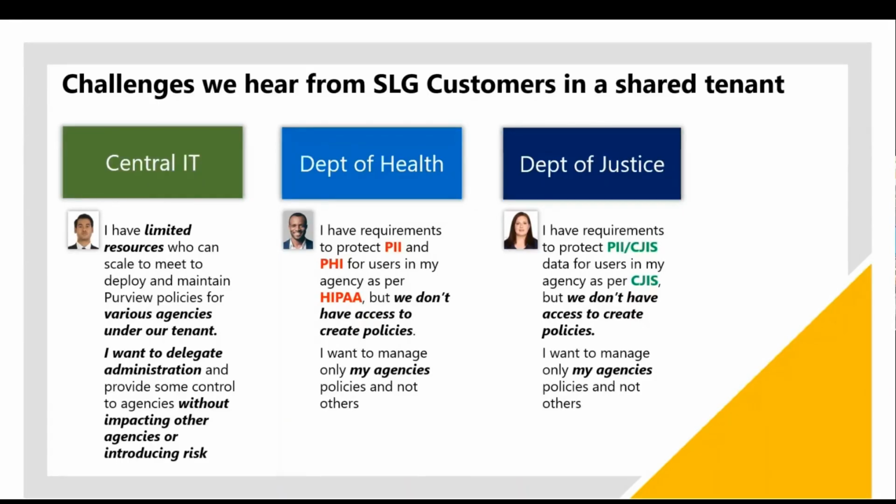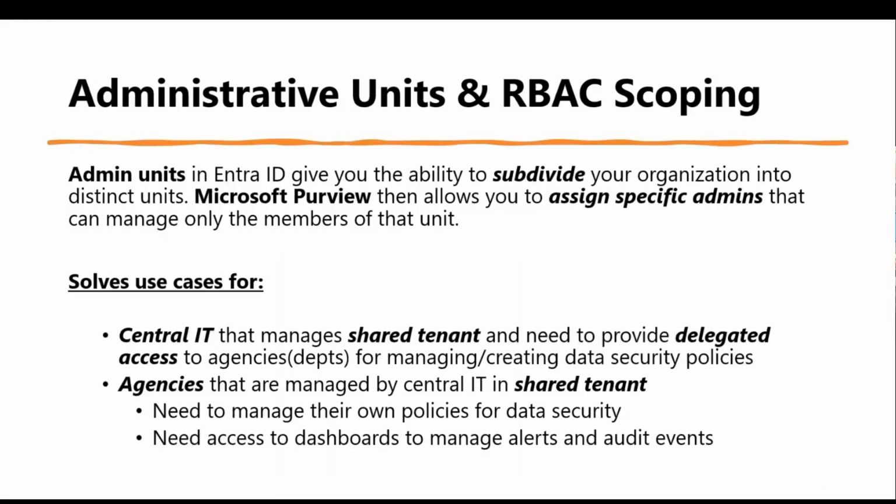Now, granted, many times central IT is doing this for them, but there are many that still want to do this on their own, to be able to create their own policies, view their own alerts. And that's why we're doing this webinar, to show you how administrative units and RBAC scoping could benefit both sides of the house.